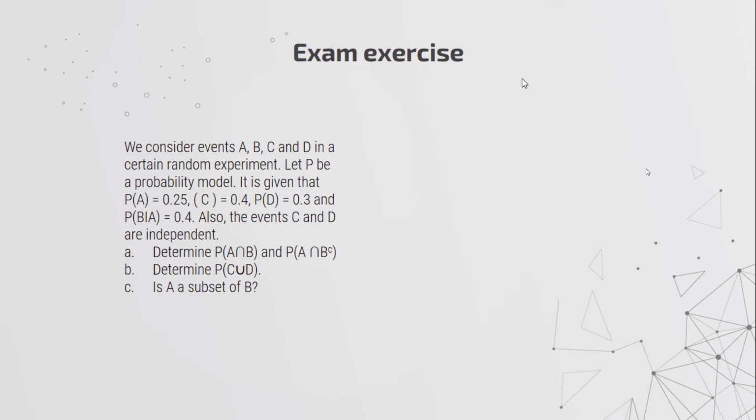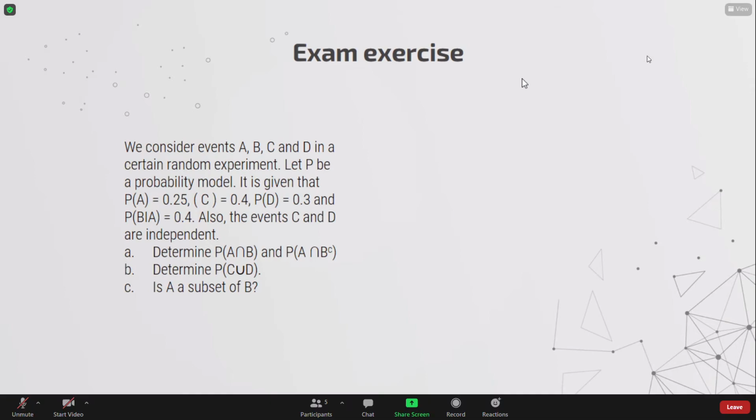We have again events, and of course a random experiment. And we are given the probability of A, C, and D, and B condition A. And we also know that C and D are independent. We can use the formula from the previous slide.